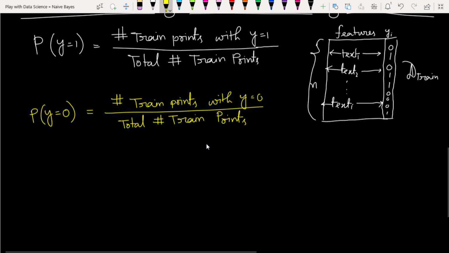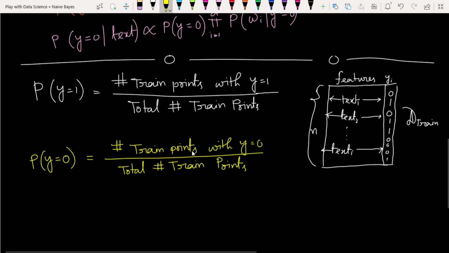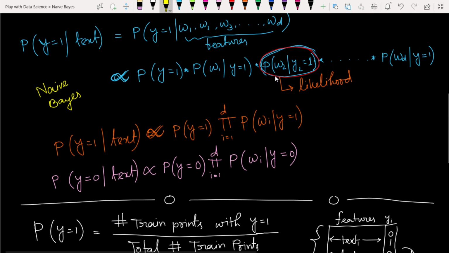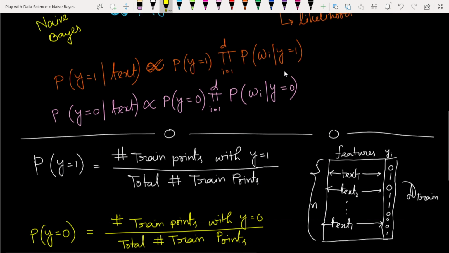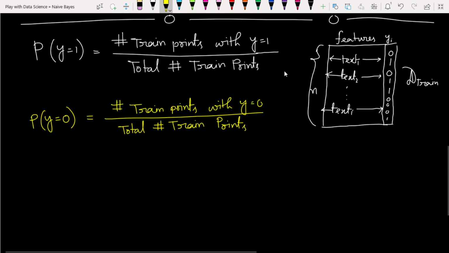It's the same thing we have done for negative reviews also. Now the main thing is that we can easily find these two probabilities, but we have to find the likelihood probability. This is the main thing here. So how is the likelihood probability calculated?